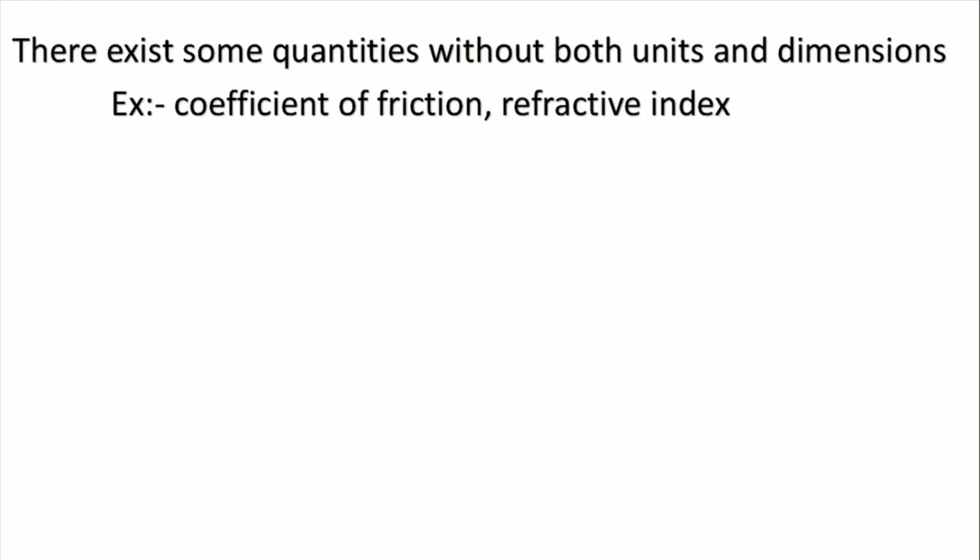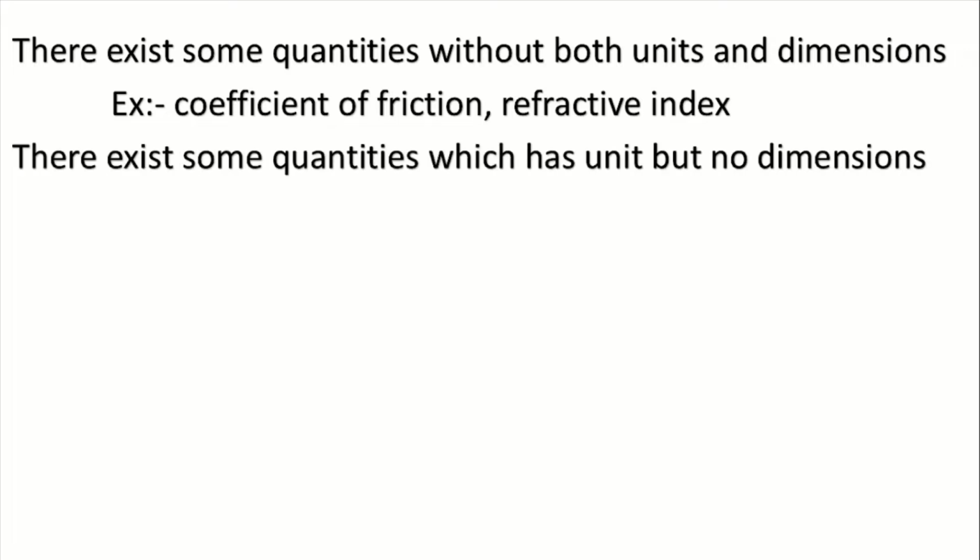There exist some quantities without both units and dimensions, for example the coefficient of friction. The coefficient of friction doesn't have any unit or dimension, and the refractive index also is just a value, with no unit or dimension.